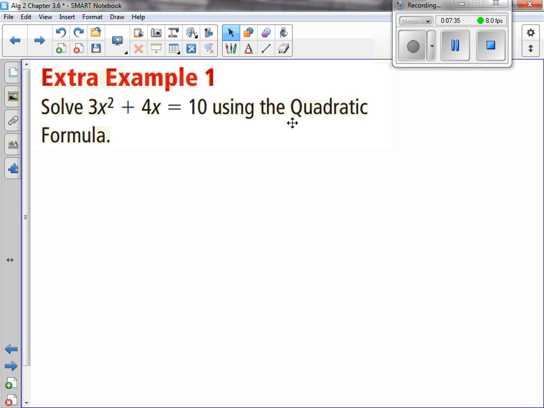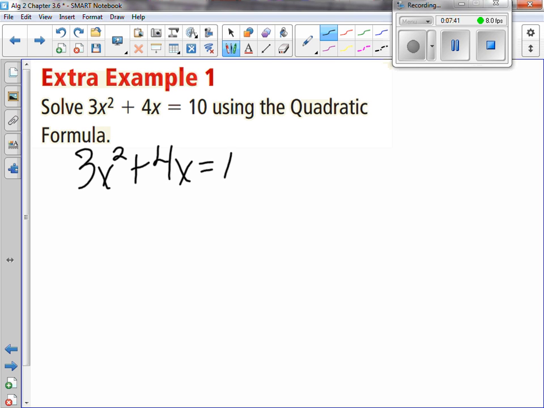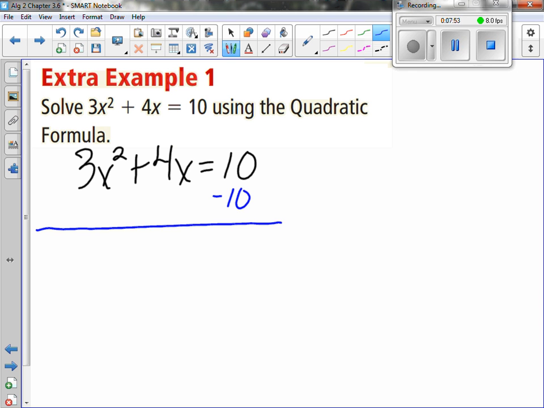Solve 3x squared plus 4x equals 10. So our first main step, is it equal to 0? No, so let's get it equal to 0. What do we need to do? We need to subtract 10 from both sides so that this thing will equal 0.